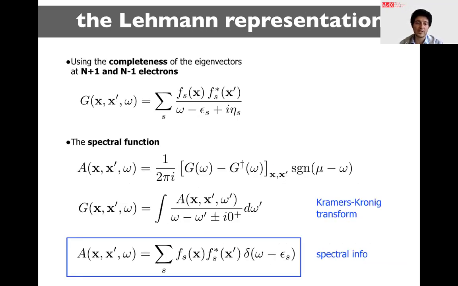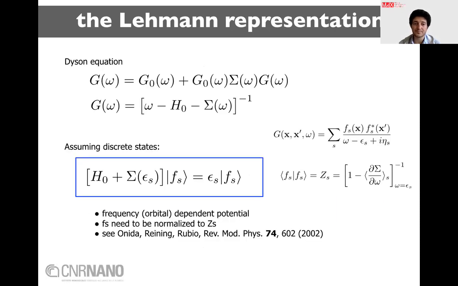The spectral function can be written as the imaginary part, operatorially, of the Green's function, or by Kramers-Kronig or Hilbert transform can be used to write the Green's function. And it has this expression here in terms of the Dyson orbitals. If we take just the diagonal part of it, we obtain this object, the local spectral density, that is nothing else than the local density of states properly defined for a many-body system.